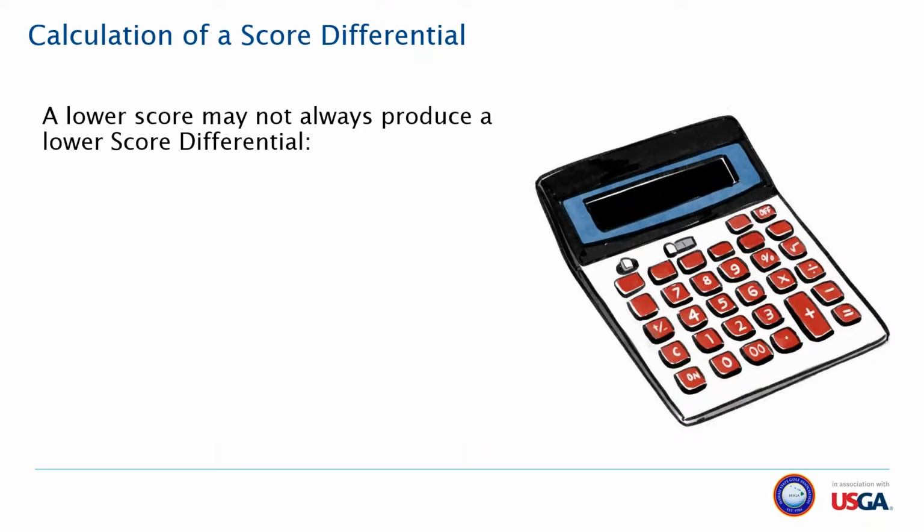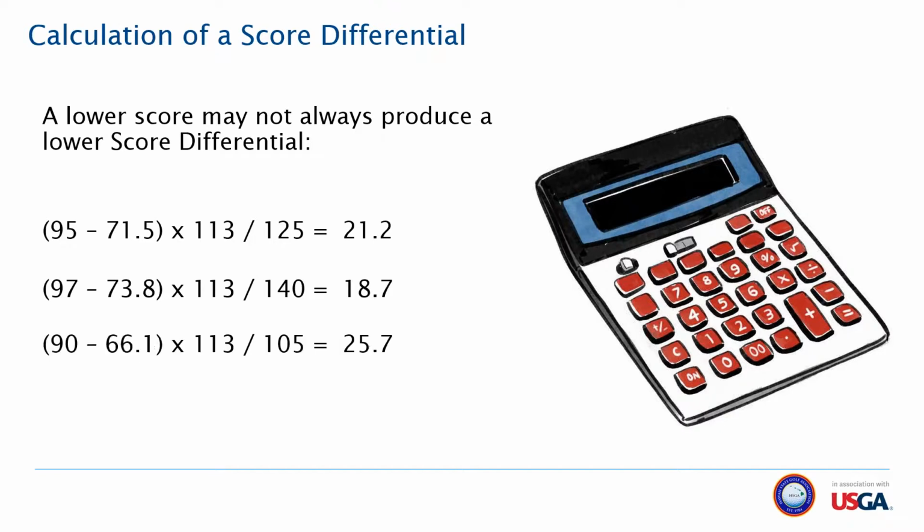Calculation of a score differential. Not a new concept here, but worth sharing as a reminder. If we look at the example here, this arrow indicates that this player shot a 97, but has an 18.7 after the calculation of a score differential, which is their lowest score differential of the 3 here.